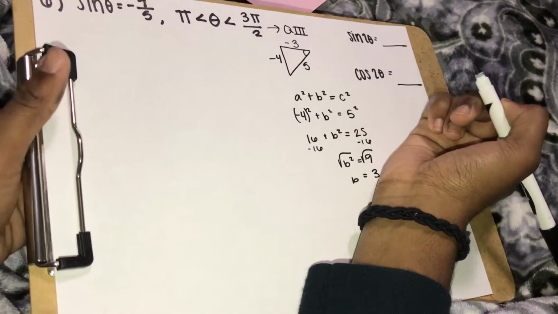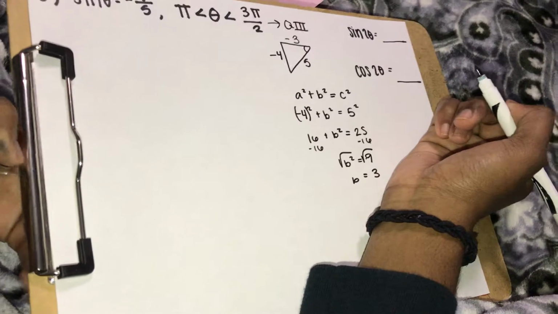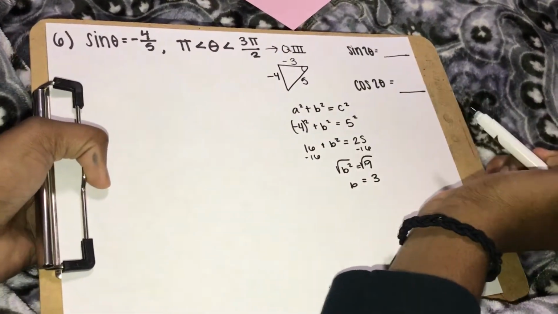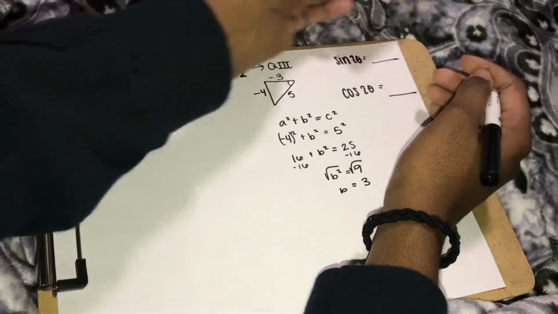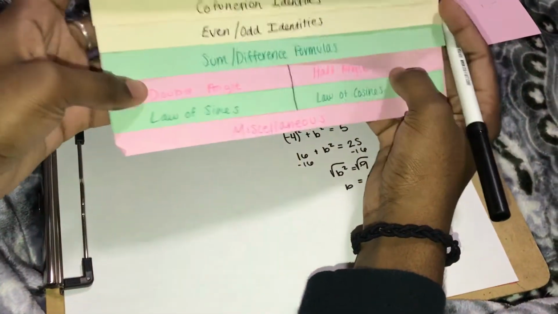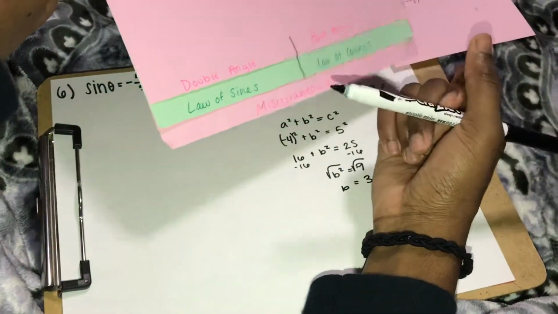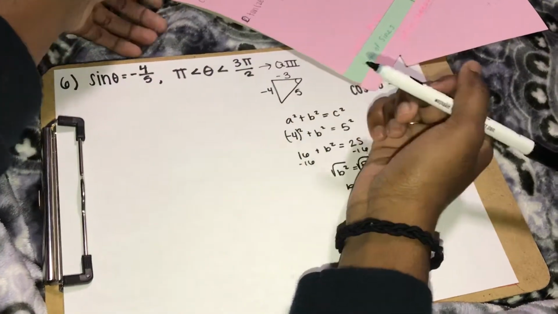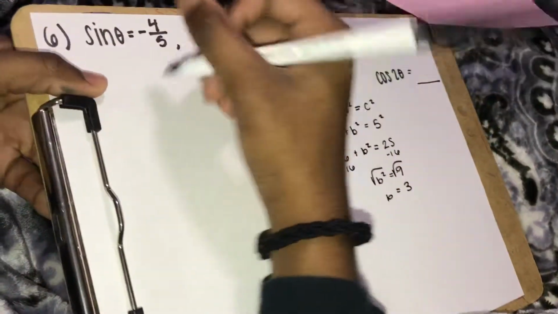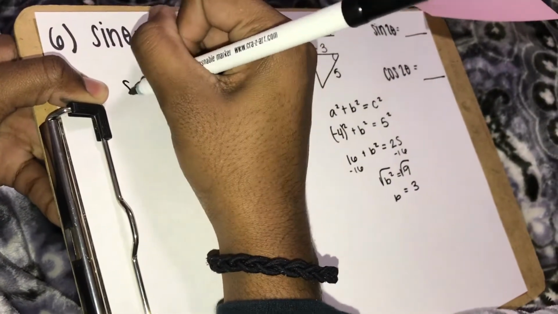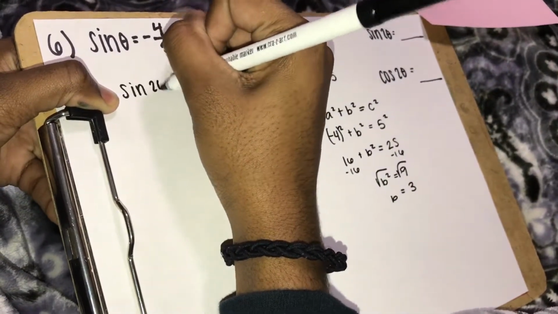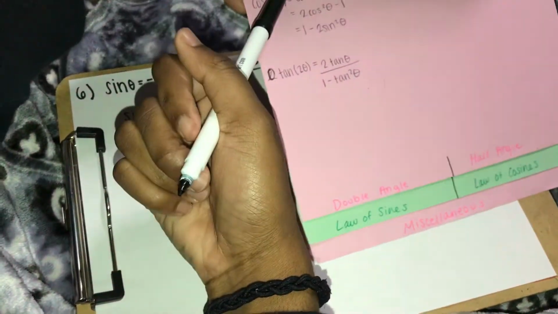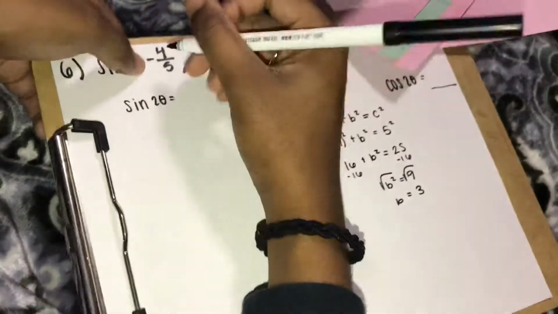Okay. So next thing you want to do, you can go ahead and start finding your sine of 2 theta and cosine 2 theta. You want to come over to your foldable and go to the double angle flap. The formula for sine of 2 theta equals, and look at your foldable, 2 sine theta times cosine theta.